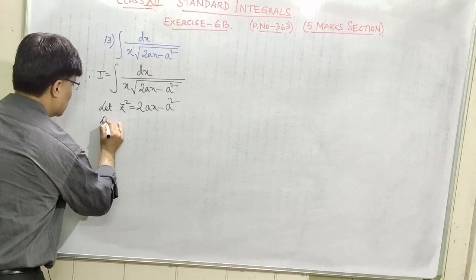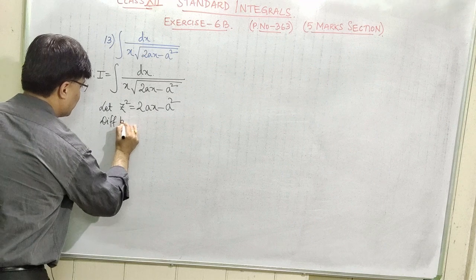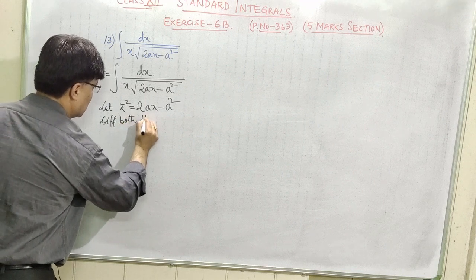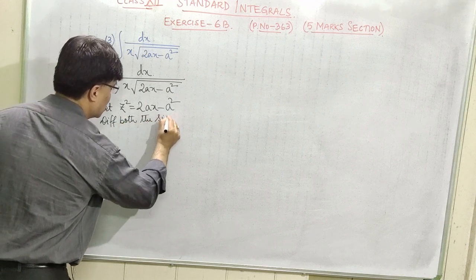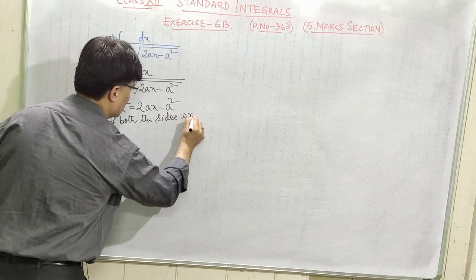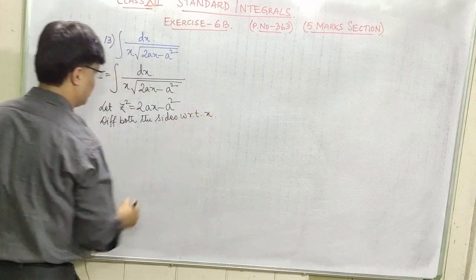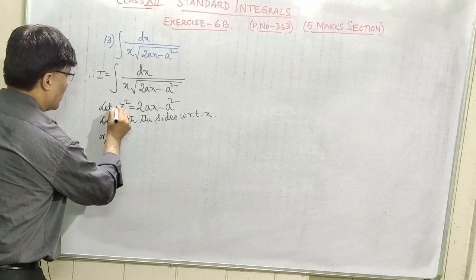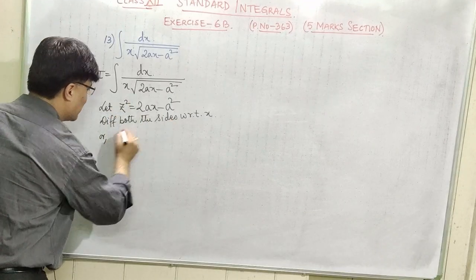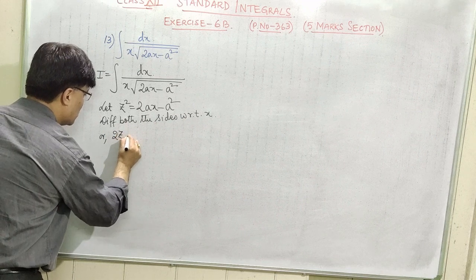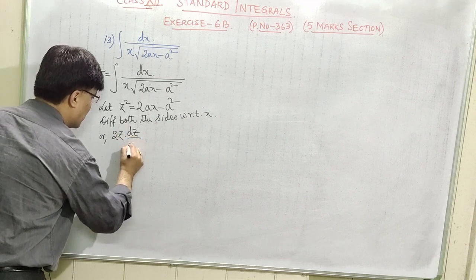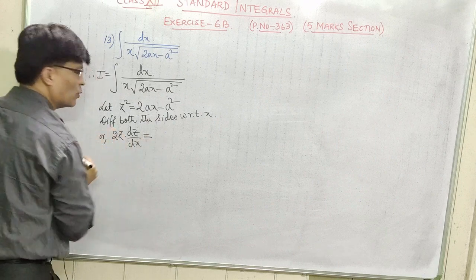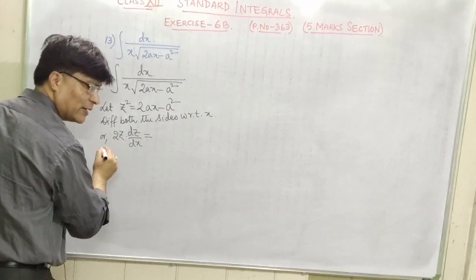So differentiating both the sides with respect to x. So what is the differentiation of z square with respect to x? It is 2z into dz by dx is equal to, what is there on the right hand side?